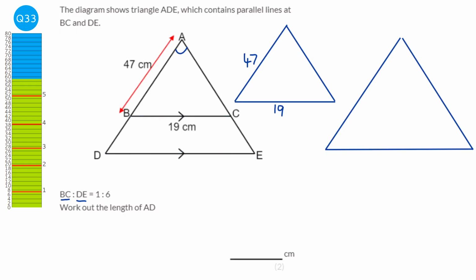So we're actually given the scale factor because we know that 1 times 6 is 6. So we know the scale factor is 6, and it's asking us to find length AD. And so the corresponding length to AD is this one here. So all we need to do is get that 47, times it by the scale factor, so times it by 6 to get to our value. So it's 282.